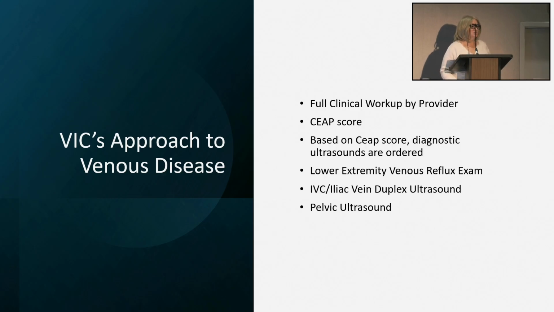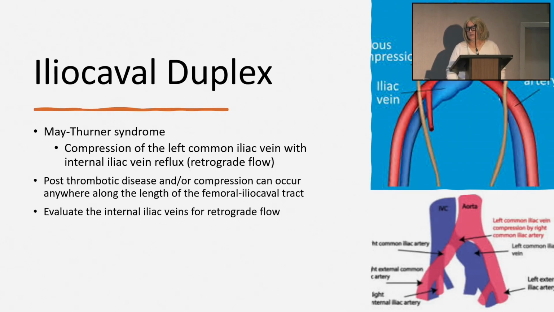And then we also, if patient symptoms indicate, order the pelvic ultrasound, which includes evaluation of all those deep pelvic veins. But like I said, we're going to focus on the iliocaval duplex part of this today.